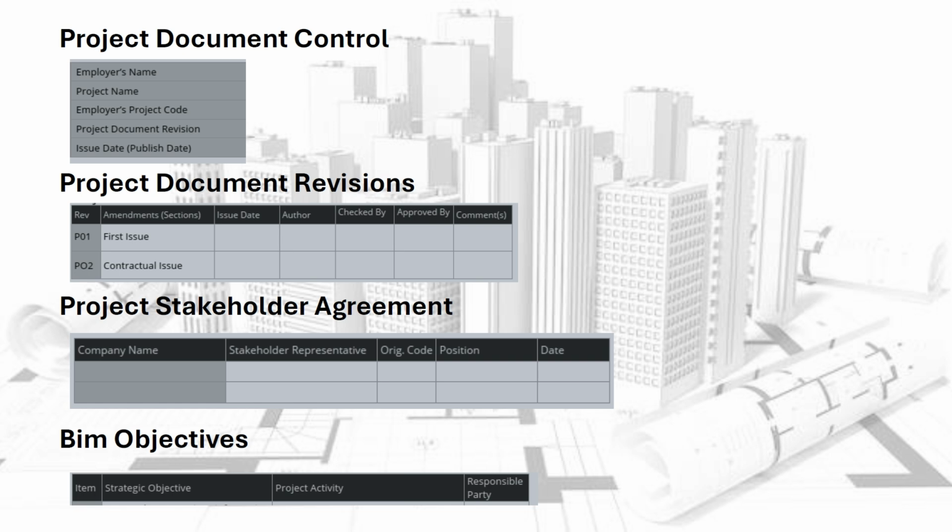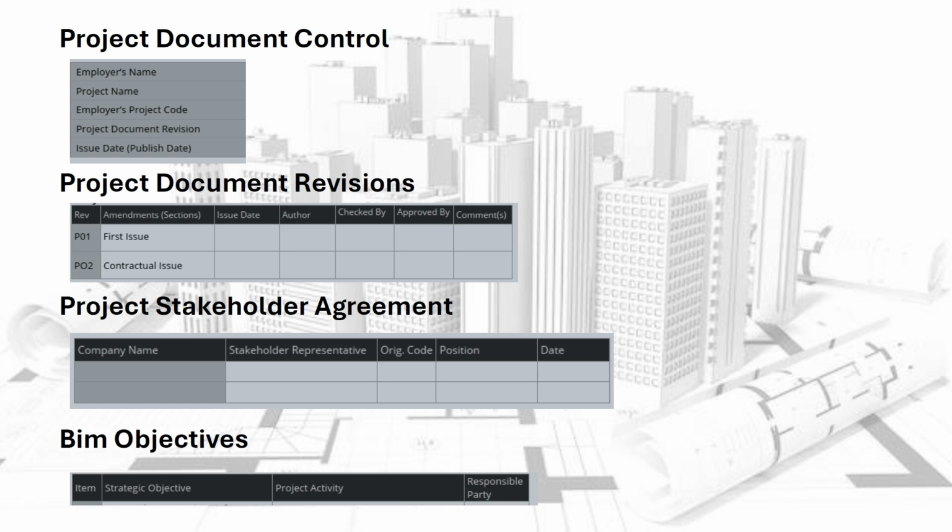The name of the organization or entity involved in the project, e.g., contractor, architect, consultant, etc. Stakeholder representative. The individual representing the company in the BIM process, e.g., BIM manager, project manager, lead architect. Origin code. A unique identifier or code for each stakeholder or their organization, optional, but useful for tracking purposes.